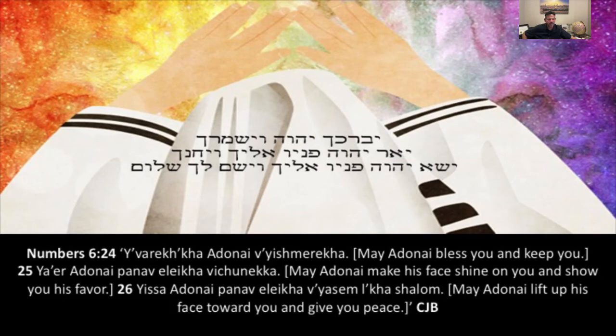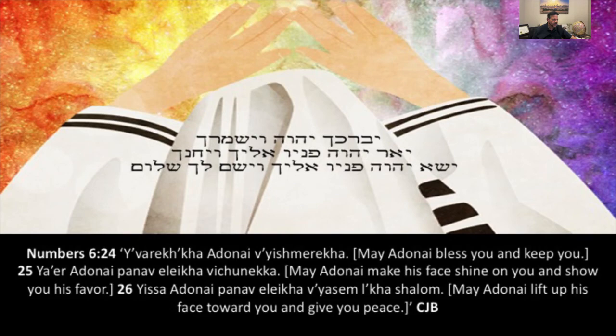Ve'yasem, sem. Yasem means that he will appoint or place or give you. So in this case, it's translated and give you peace, but literally it means to place peace for you or establish peace for you, because the idea is where we get this root here.